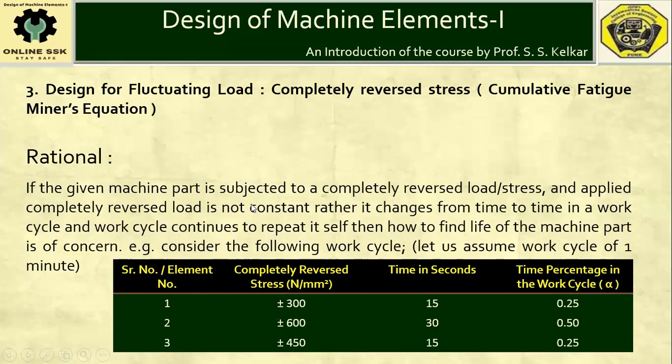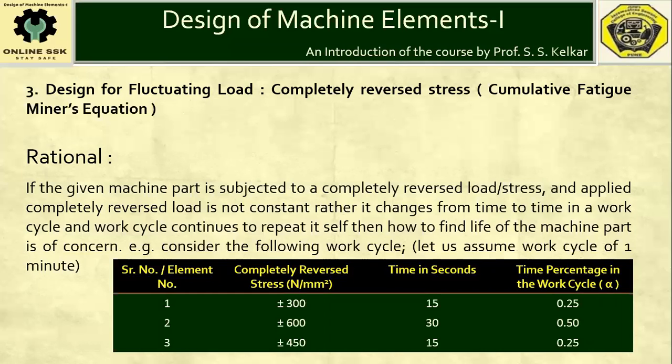In such a condition, whenever the applied load and hence induced stress keeps on varying or changing according to time in a cyclic fashion, how to find out the life of a machine part?